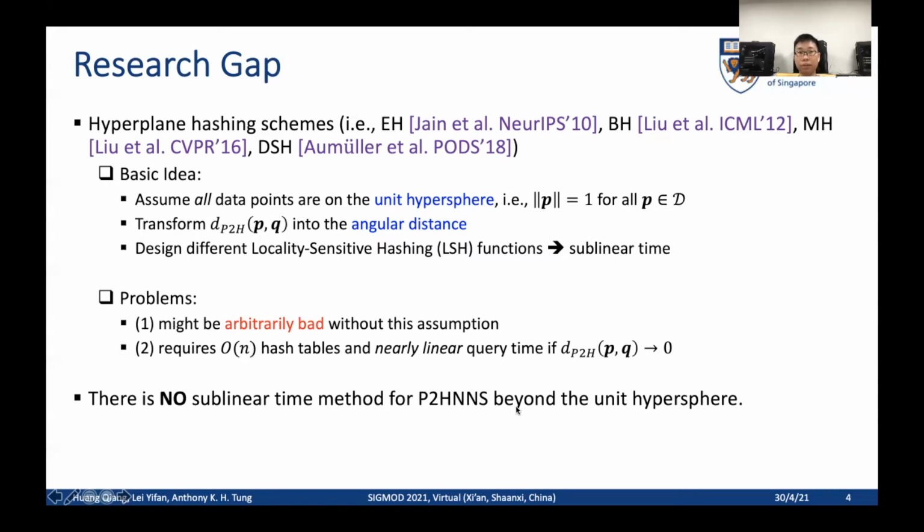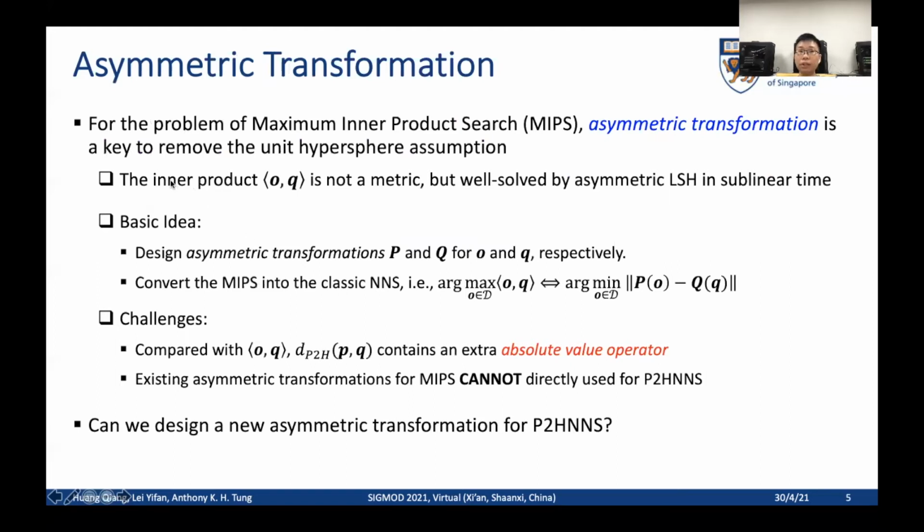To the best of our knowledge, there is no sublinear time method for point to hyperplane NN search beyond the unique hypersphere. On the other hand, for the problem of maximum inner product search, a symmetric transformation is a key to remove the unique hypersphere assumption. Similar to the point to hyperplane distance, the inner product is also not a metric, but this problem can be well solved by the asymmetric LSH in sublinear time.